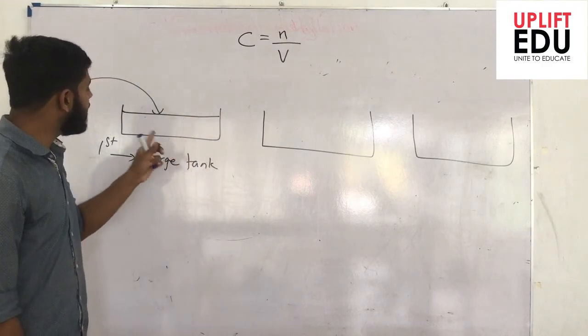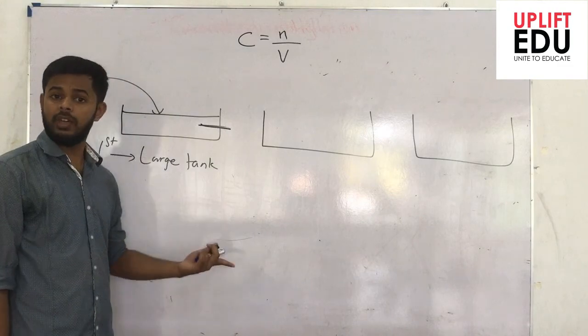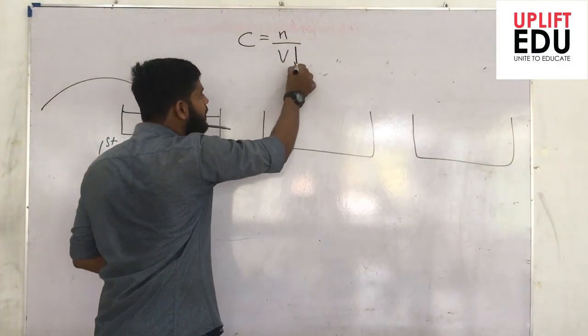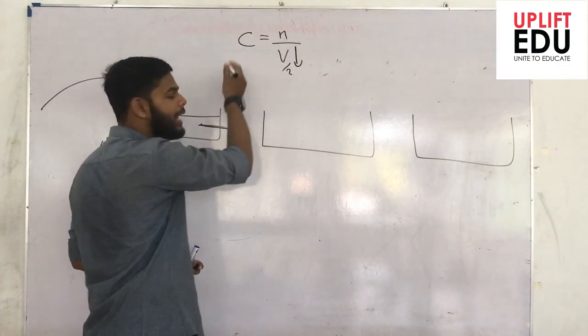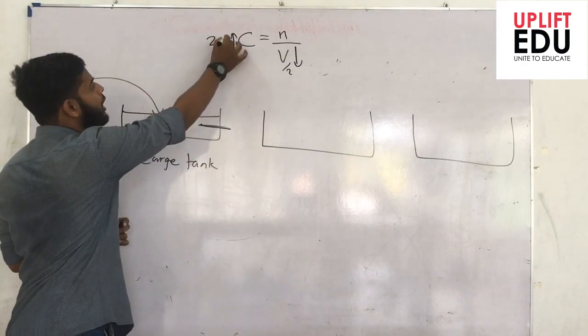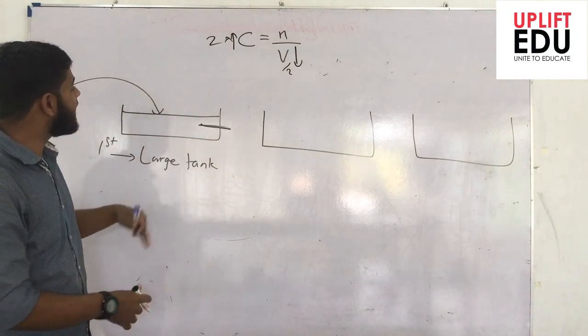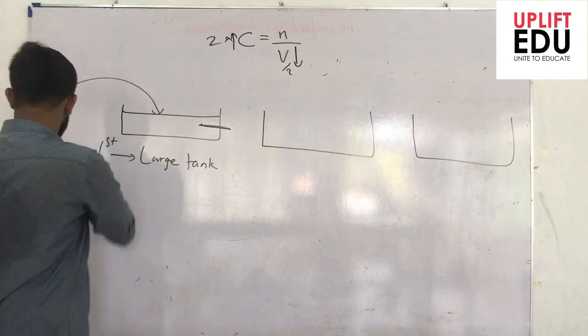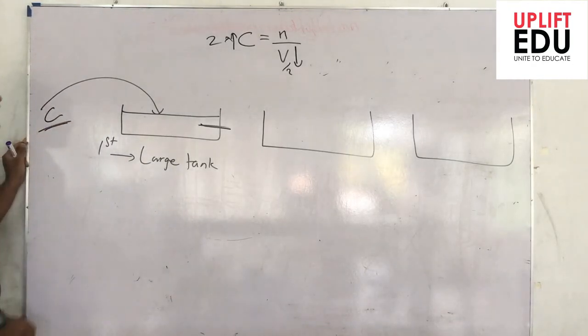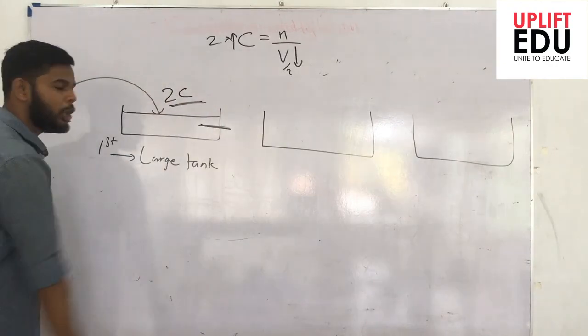So when we keep on evaporating, when the volume is reduced by half compared to the previous value, the concentration increases by 2 times, right? Let's say I have taken a concentration of C in this tank, after some time I will get a concentration of 2C.